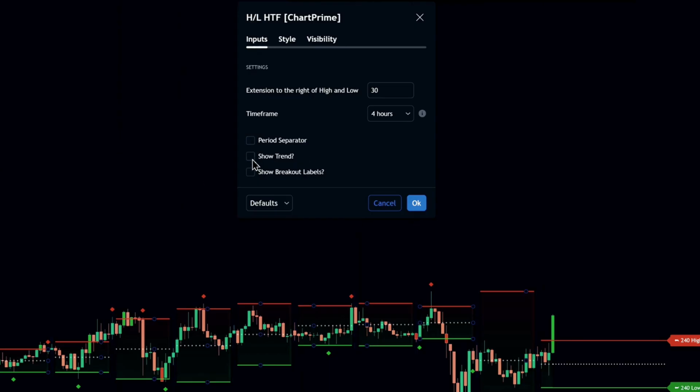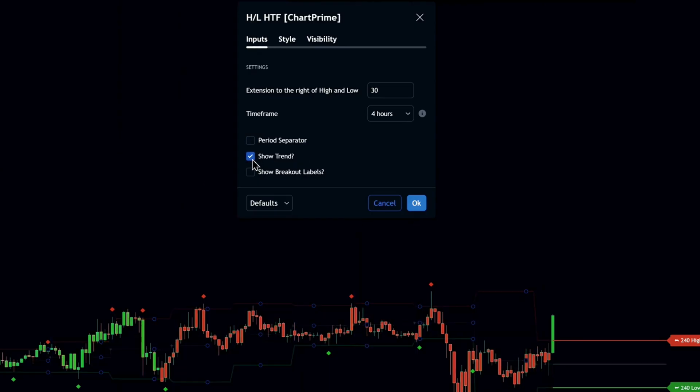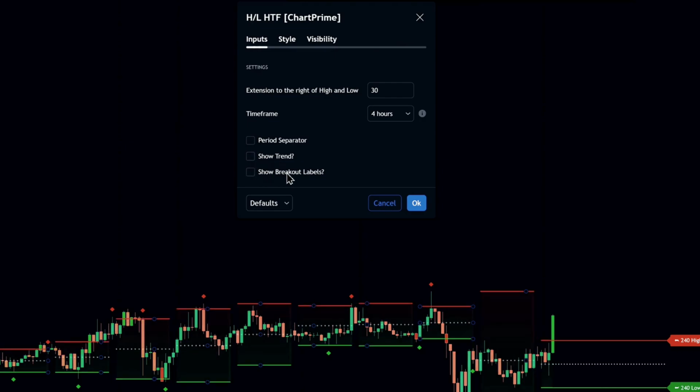The Show Trend option lets you toggle trend visualization on or off, which changes bar colors and styles based on breakouts. I'm not using this for trend analysis, so I'll disable that too. The Show Breakout Labels option, though, is useful. It adds labels for breakouts, so I'll keep that enabled.